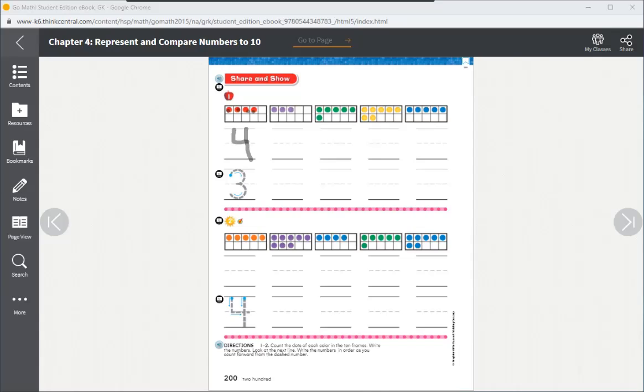Now I need somebody to help me count the ones in the purple. So let's see here. Petra, need your help, sweetheart. Turn on your microphone.